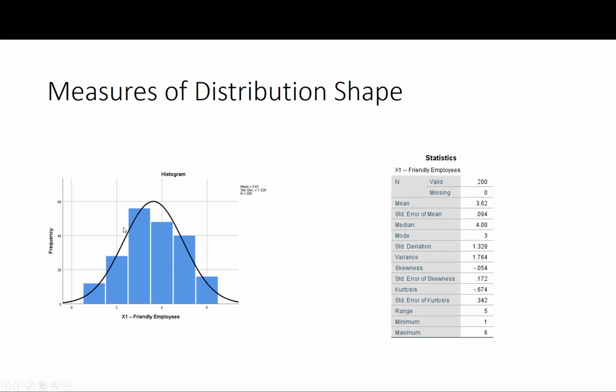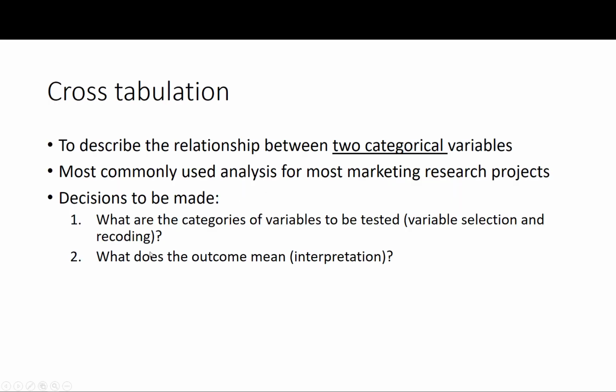And for kurtosis, the normal suggests that it would be to this point, whereas we are a little bit flatter than expected with our distribution down here. So that is for a single table of our variables.